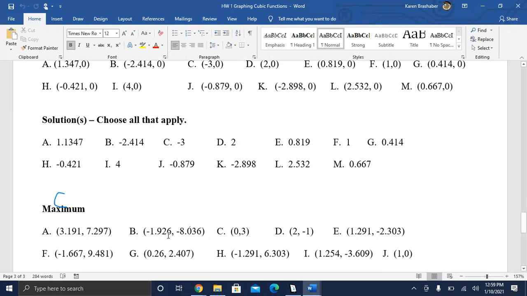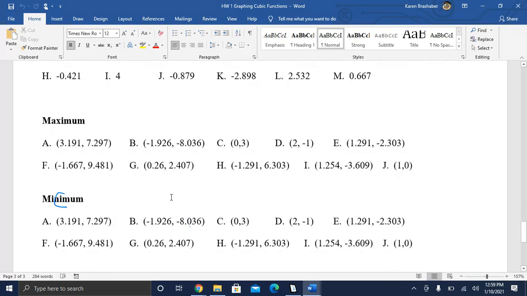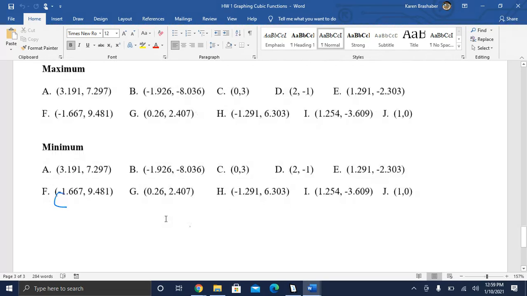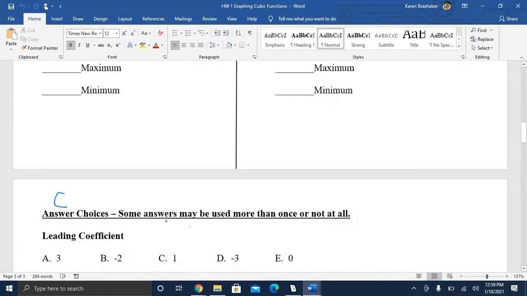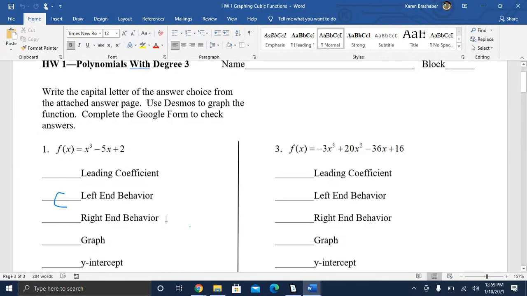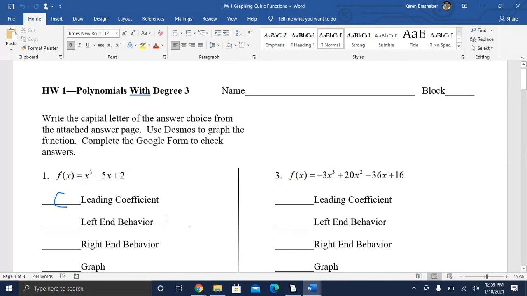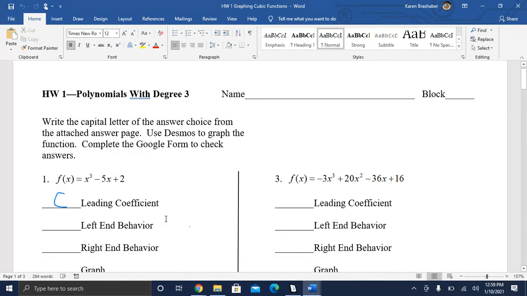And your solutions, which match your x-intercepts. Then you've got a list of maximums and a list of minimums. So on this page, we should be seeing all letters. You're going to be choosing the letter that matches your answer choice. So we should see all letters on this page.